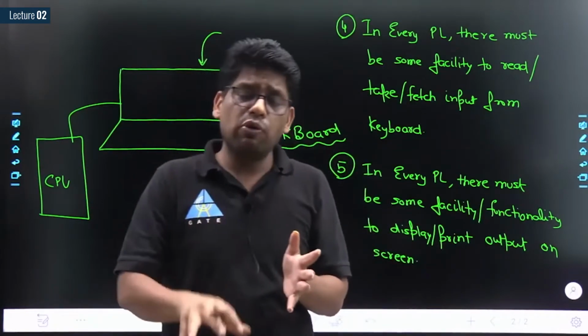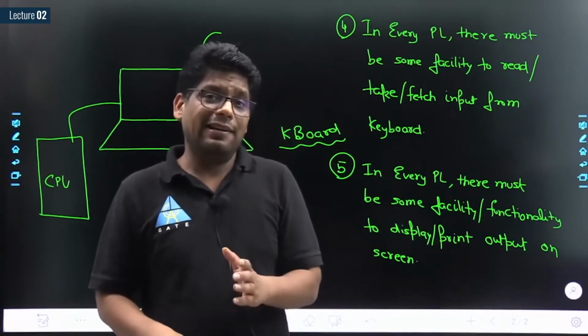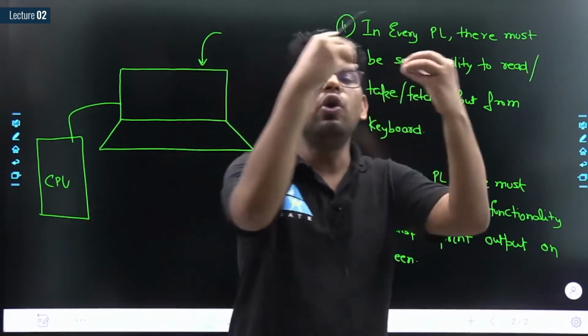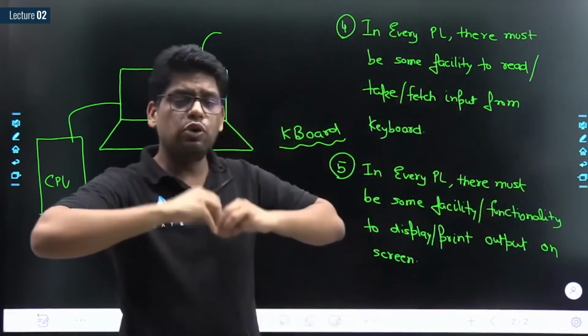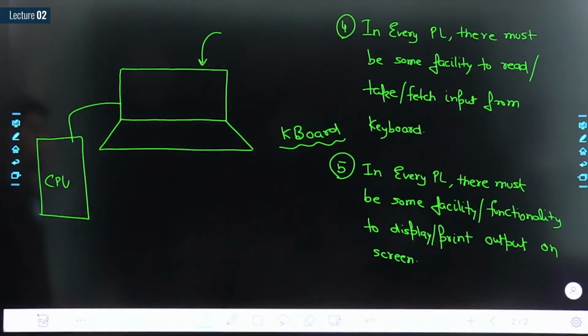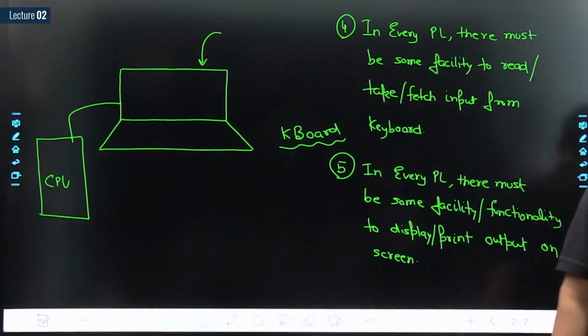And there must be a facility that can display or print the message from the program to the monitor. Please take a screenshot of all this so that you can remember all these points in detail.